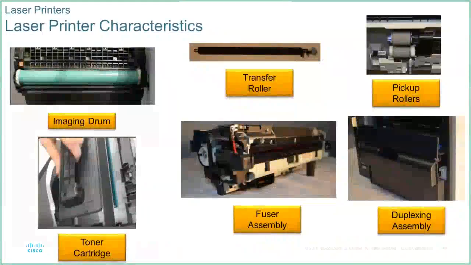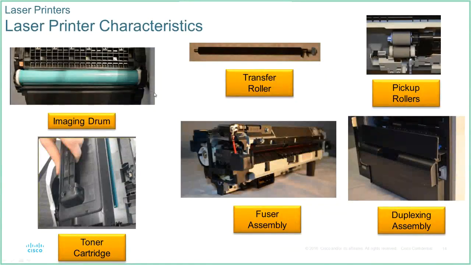And again, they will have pickup rollers, duplexing assemblies, but what will happen is they'll have one, or if it's a color laser, they'll have 4 toner cartridges, just like with the inkjet.